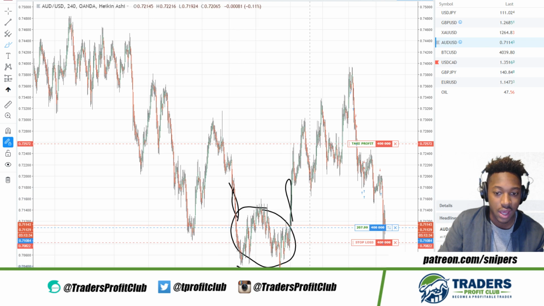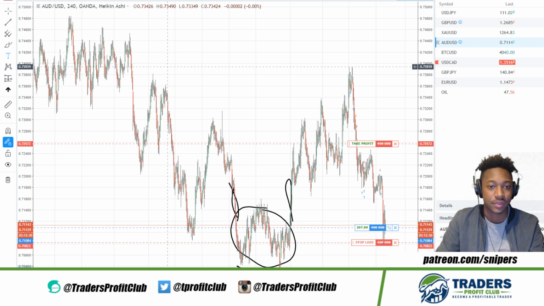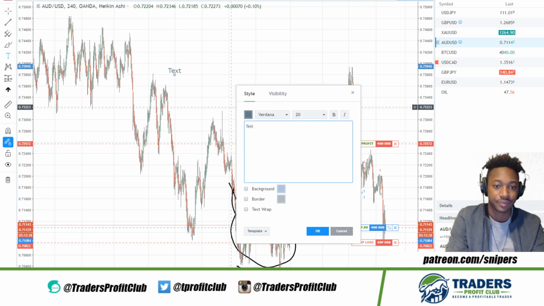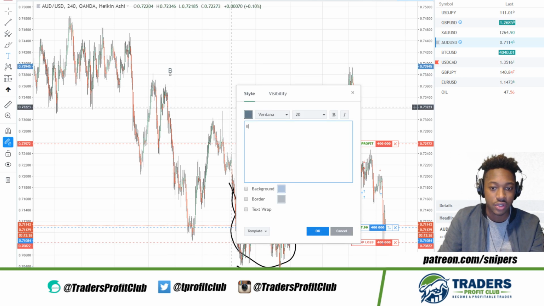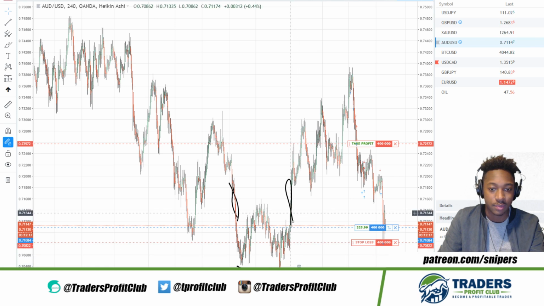So this area I'm showing as my bottom, right? I'm just going to put B for bottom. This is my bottom. So now I have an area where I can focus on price not breaking this area, okay?